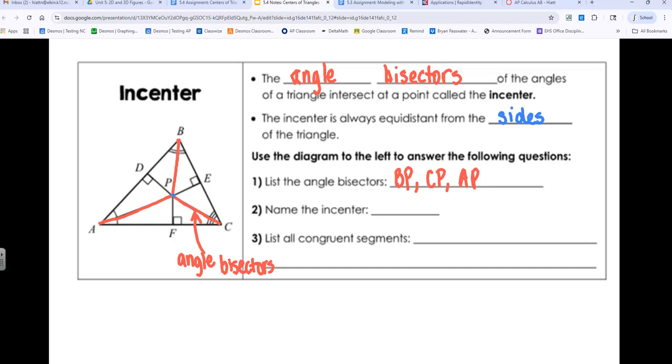So, when we're looking at our incenter here, it is the same distance away from the sides. The shortest distance from a point to a line is the perpendicular distance right here. So this little piece right here would equal this piece, would equal this piece. So our incenter here would be P. And I am not going to list congruent statements because I've just marked it here. These three little pieces are the same.